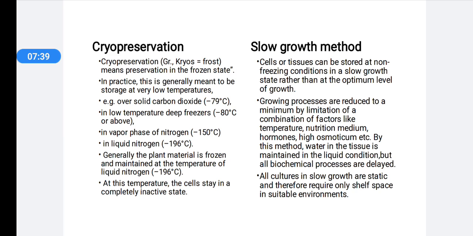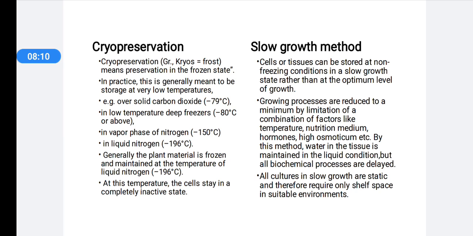In this slow growth method, these cells or tissues are stored under non-freezing conditions, and they are not completely made metabolically inactive, but they are maintained at a slow growth level, that is a rate that is less than their optimum growth level. So the growing process is reduced to a minimum by limiting some factors like temperature or nutrition medium or hormones.